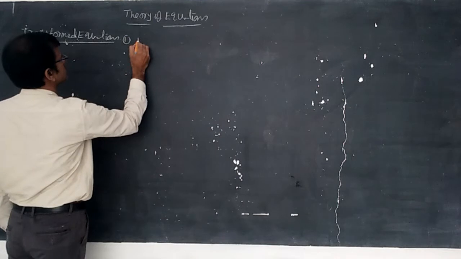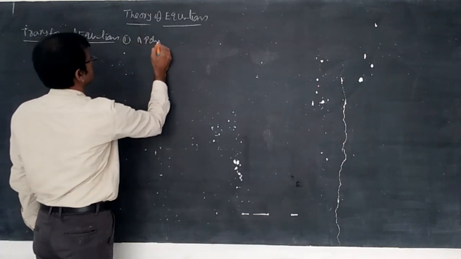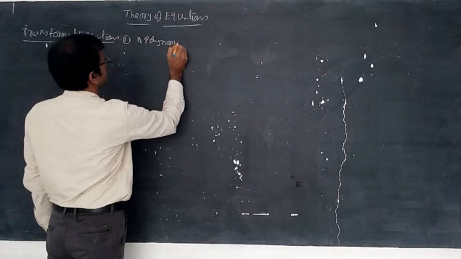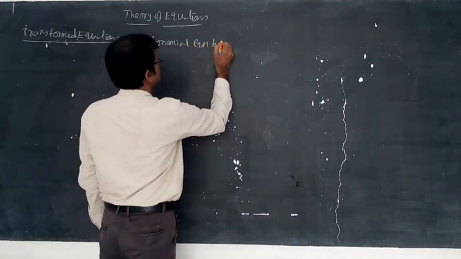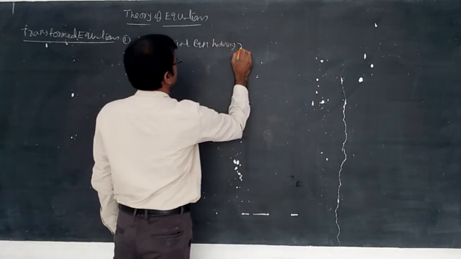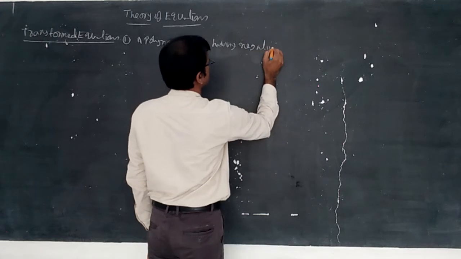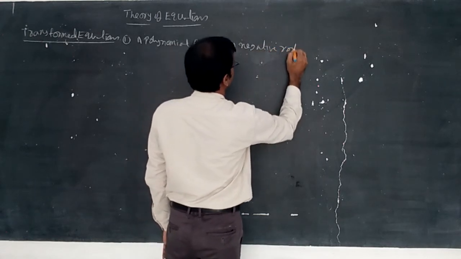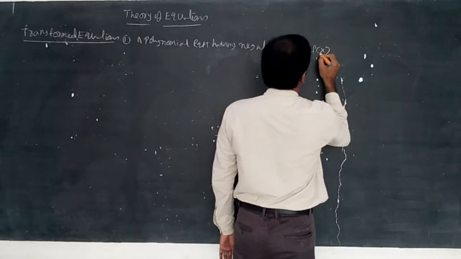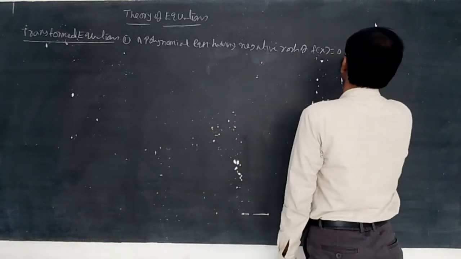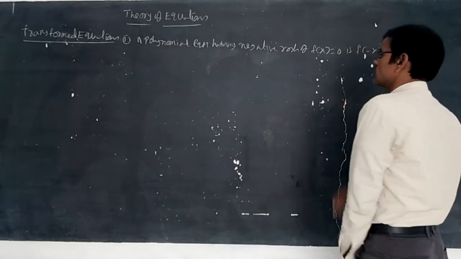First one, a polynomial equation having negative roots of f of x equal to 0 is f of minus x equal to 0.